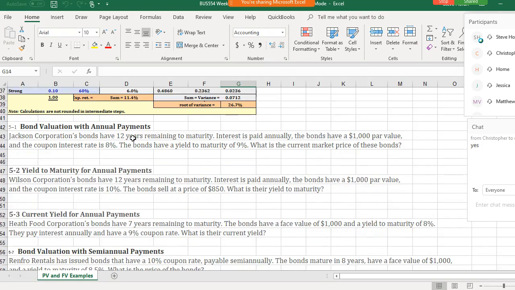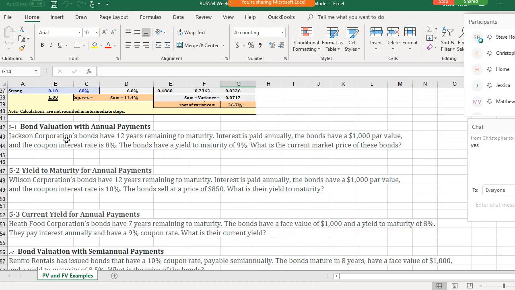Okay, so I want to look at problems from chapter 5, and we'll do chapters 5 and 6 tonight. Chapter 5 dealt with bonds, and most of the questions deal with how to value a bond and how to calculate yield to maturity or yield to call. We're going to look at bonds from an annual payment perspective and a semi-annual payment perspective.